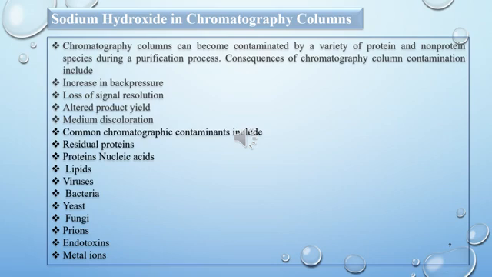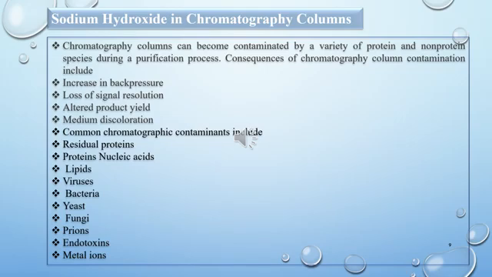So dear students, these are different contaminants which get attached to the packing material, and alter our product yield, alter the resolution, increase the back pressure, and also cause medium discoloration.